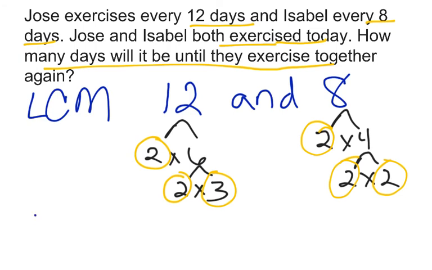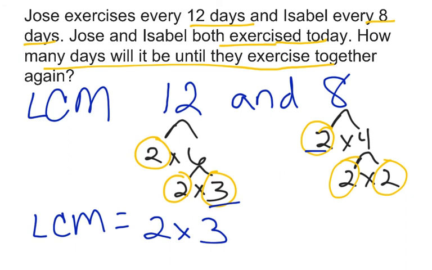So moving on, for my least common multiple, I look at all the numbers I have and I take my highest exponents. So I have a 2 and a 3. And my highest exponent, of course, is over here. We have 2 to the 3rd power. And my highest exponent for my 3's is just 3.